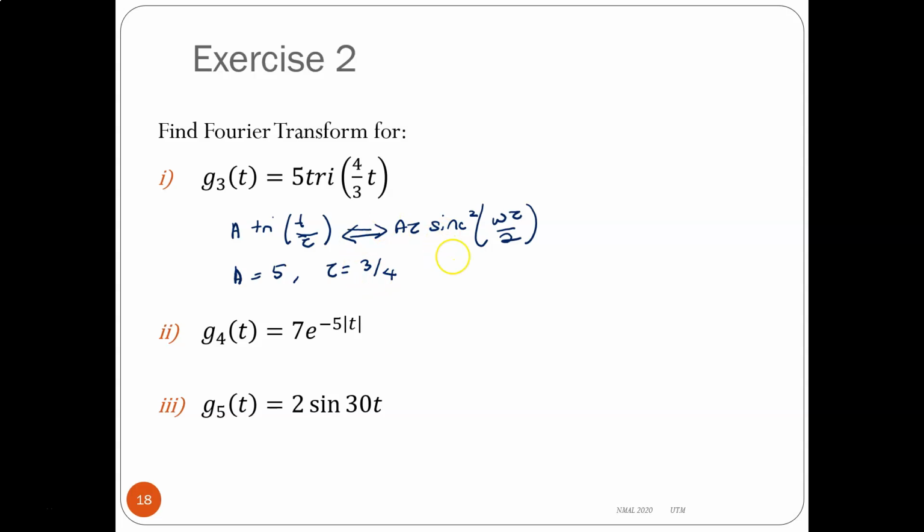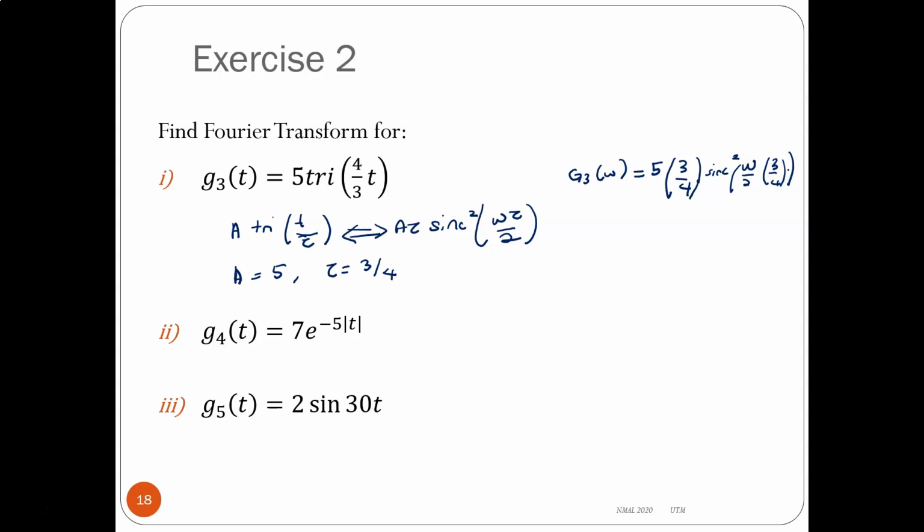Using this A and τ, you put them back in this equation and write the proper frequency domain form for the Fourier transform, which is G3(ω) equal to A, which is 5, multiplied by τ, which is 3 over 4, sinc squared of ω over 2 multiplied by τ, which is 3 over 4.